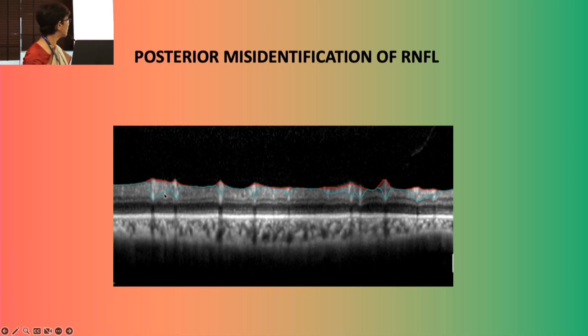You can see these green lines which show the posterior border of the RNFL touching the red line at many areas, and that is basically a segmentation failure of the machine. You know that even if there is a long-standing optic neuropathy with, say, no perception of light, there would be some residual glial cells or retinal blood vessels which would give a base thickness of, say, 30 to 40 microns.